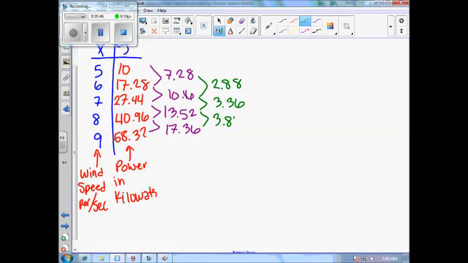Great, thank you. Now it says, when are the differences constant? Are these constant? What does it mean to be constant? Yes? Gucci? What does it mean to be constant? To be the same. Okay, so these don't match yet, so we're going to keep going until they're the same. So let's try another one.